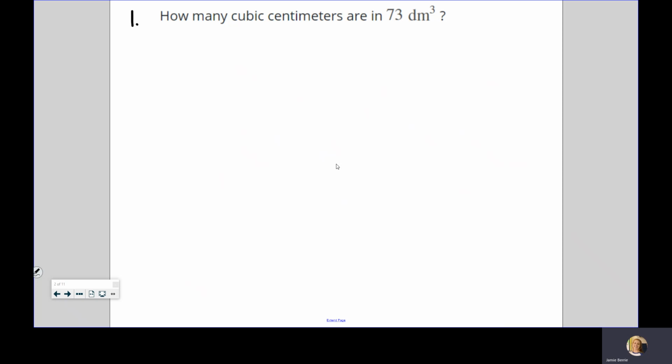On the homework for sections A2, A3, and A4, a lot of the questions are worded in this format, as a question. On the test, I'll write them like this. I'll just say 73 cubic decameters equals blank cubic centimeters. Just try to make it look a little bit more simple on the test. And we'll talk about the test after the lecture.